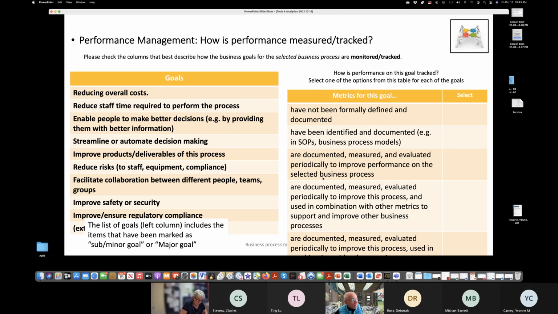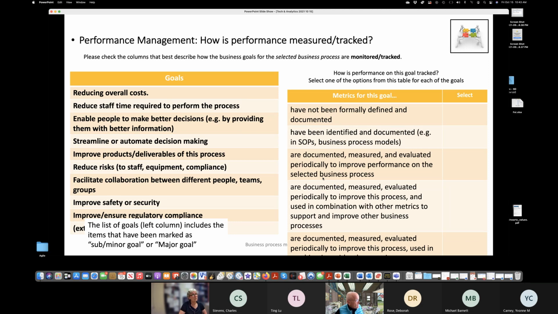Because then you'll say the metrics for this goal, and this is the maturity of you being able to monitor your performance. Metrics have not been formally defined, or are documented, measured, evaluated, periodical, used in KPIs and stuff like that. So then we can see, okay, these are your goals. Do you know how to measure them? Because otherwise, how are you going to know if you're successful?